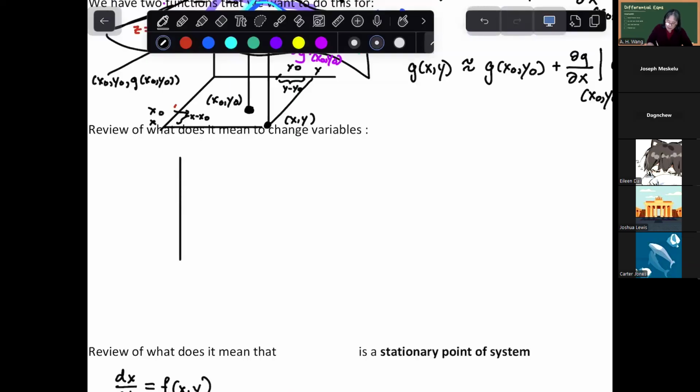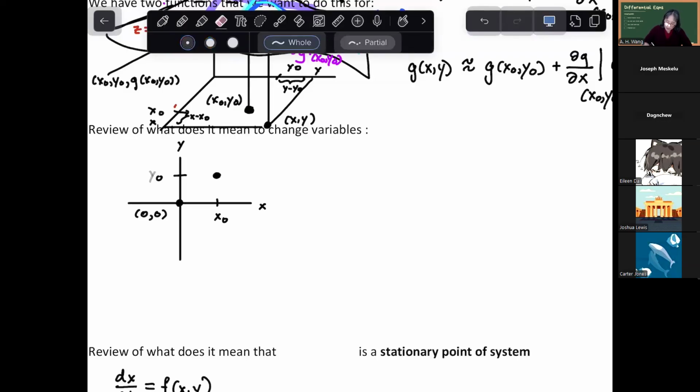So if I have something like this, I'm going to draw it. Here's my XY plane, and this is 0, 0. Let's say this is X naught and this is Y naught. Actually, I'm going to do it with actual numbers, because it'll be easier for you to see.